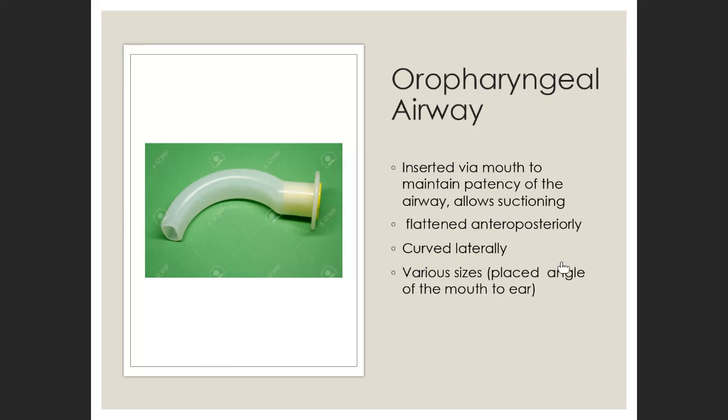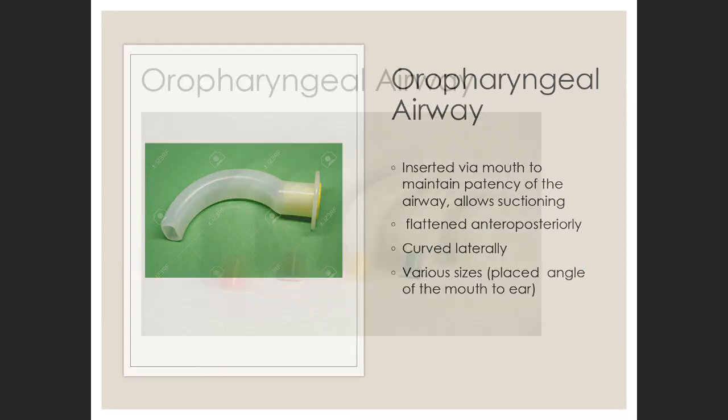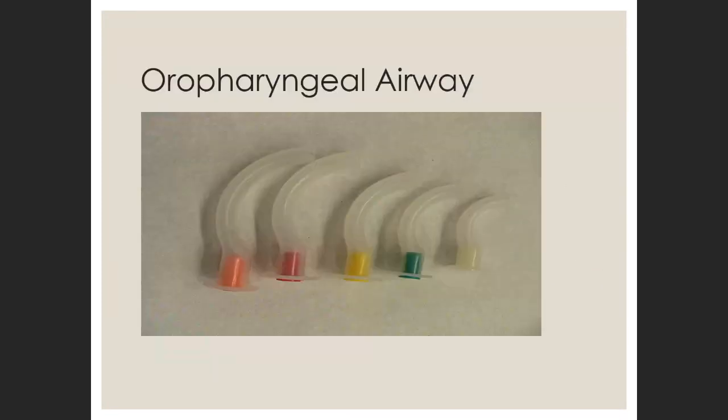Here it is. They put it at the angle of the mouth to the tragus of the ear. All right, it should just fit there. That means that is the appropriate size for that patient. All right.